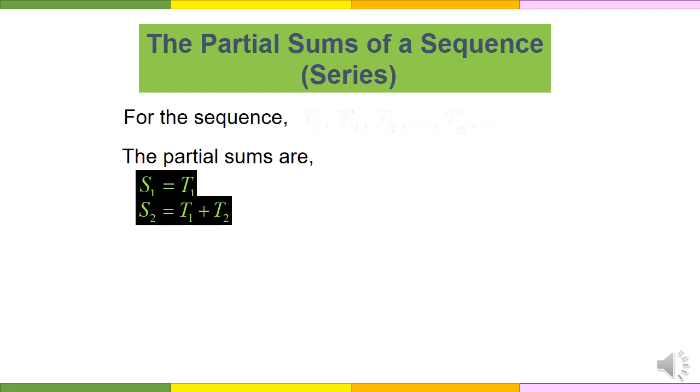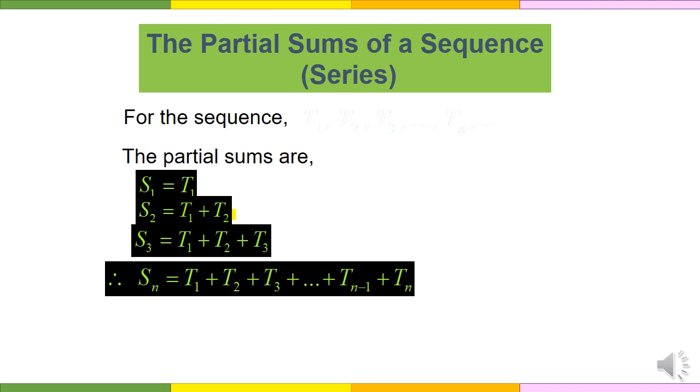How about S2? S2 is the addition of the first term and the second term. And then for the third, we continue with the first term, add the second term, add the third term. So our Sn is the addition from the first term up to the nth term.